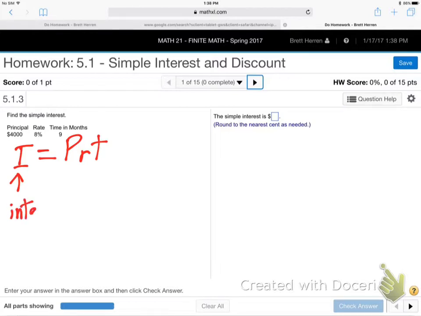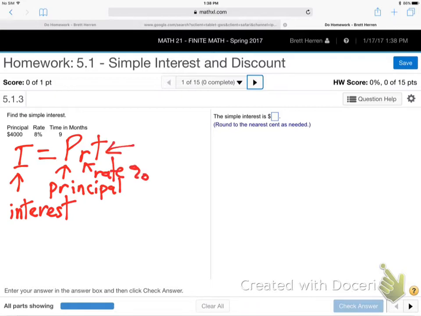This is interest, this is principal, this is the rate, a percent, and T is time in years. So interest equals principal times rate times time.